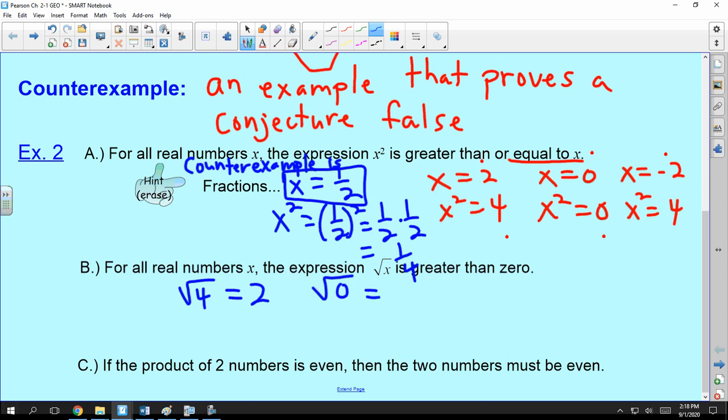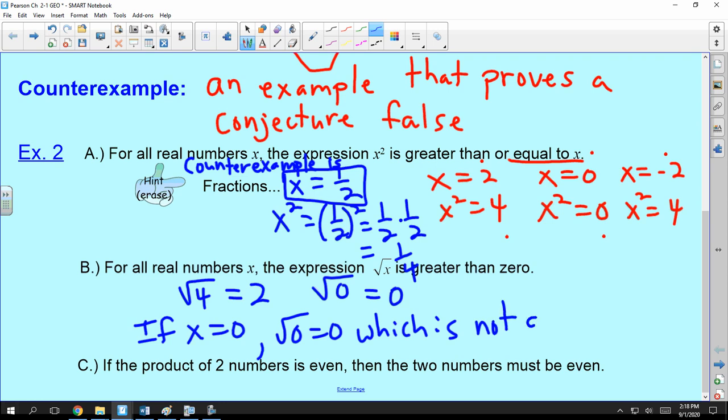Square root of 0 is 0, which is not greater than 0. It actually equals 0. So here's my counterexample: if x equals 0, square root of 0 equals 0, which is not greater than 0. So there it is.